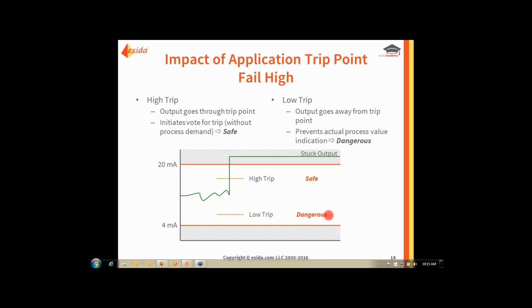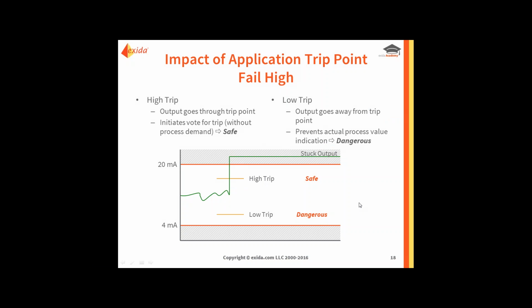It can no longer perform its intended function, in contrast to the high trip where it will initiate the trip. So here's an example that the actual application of the transmitter will impact how you classify a fail high failure, either as safe in a high trip case or dangerous in a low trip case.